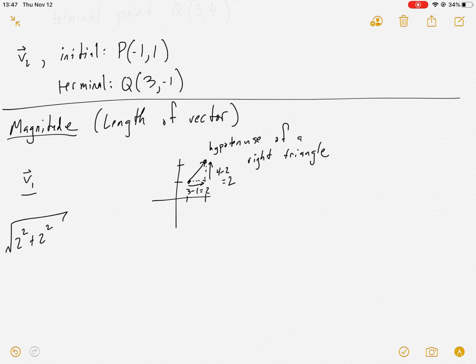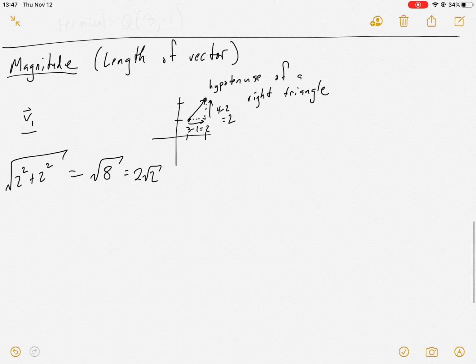We end up with the square root of 8, which reduces to 2 times the square root of 2. We denote magnitude using an absolute value symbol. A lot of times you'll see 2 absolute value symbols around it, sometimes you'll just see 1. So the magnitude of V1 is 2 root 2.